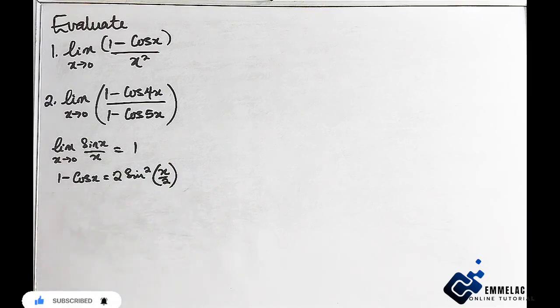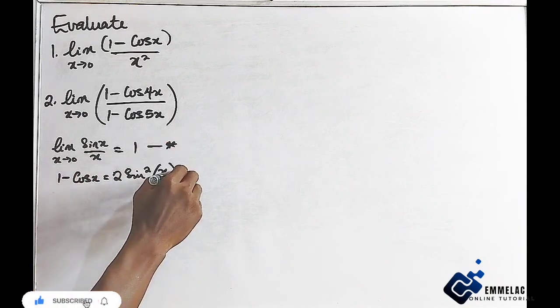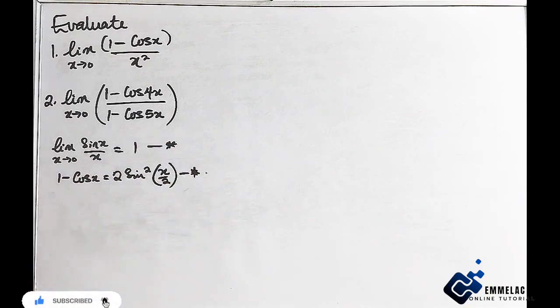Alright, so these are the two rules we might be using, but another one might actually come up, so I don't know. Okay, now let us solve the first one.